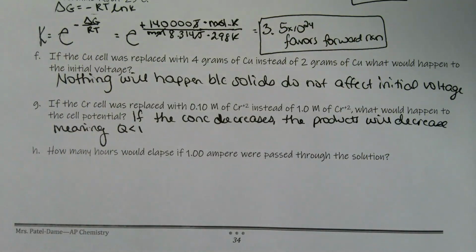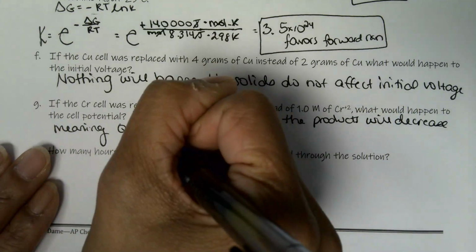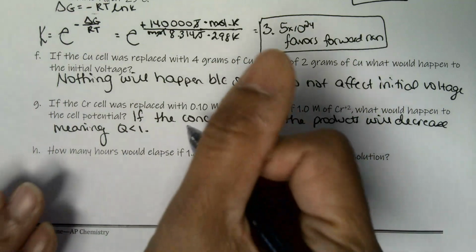Remember, Q is like when something is happening to K. When something happens, it's not at equilibrium yet. We're trying to figure out what's going to happen. So Q is going to be less than K. Sorry, Q is going to be less than 1, excuse me.